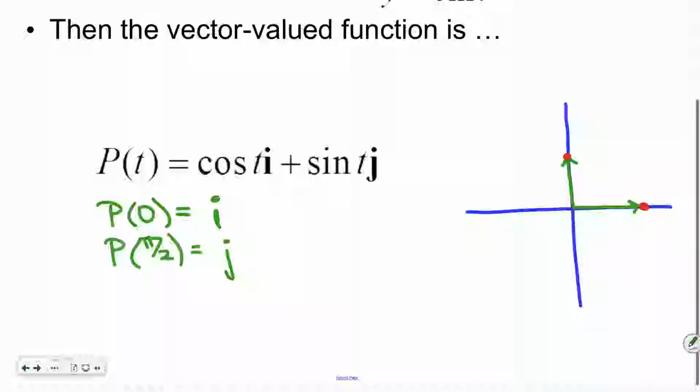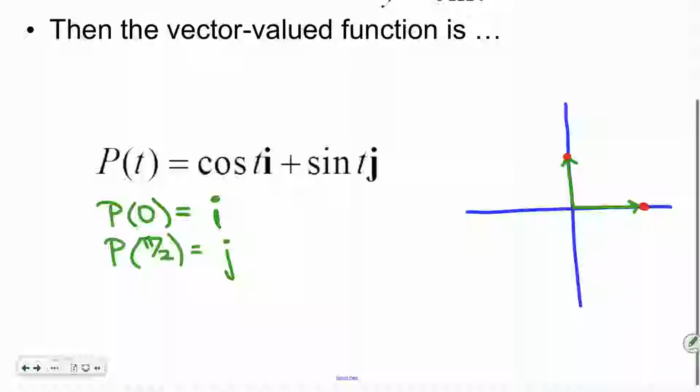Okay, and we could be really obnoxious and say, you know, r of 7 pi over 12 and 3 pi over 4 and all sorts of obnoxious angles, but you know that each of these vectors are going to keep going in this direction.